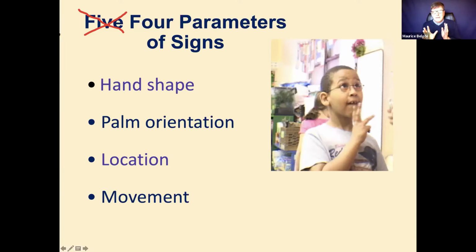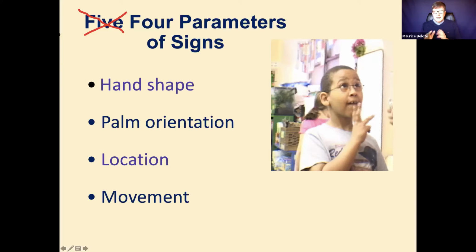But regardless of whether you use signs as part of a language or you use them individually or as key signs to communicate ideas or whatever it is you want to communicate, it's always signed communication.